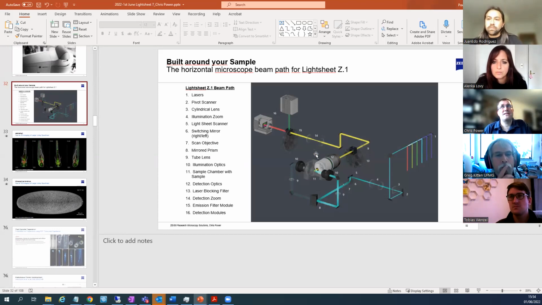So what that means is, in normal terms, if you're imaging with a 20x lens, without changing the chamber or the lens, you can change that lens to be a 7x or a 50x and anywhere in between. So you can zoom out, get the overview, see where you want to go, and then come on in. So that's the lenses and the chamber.